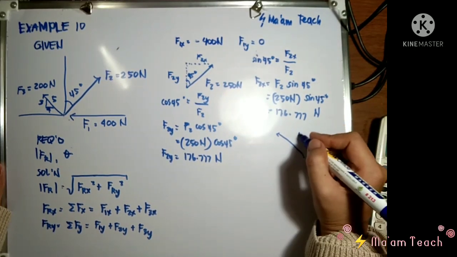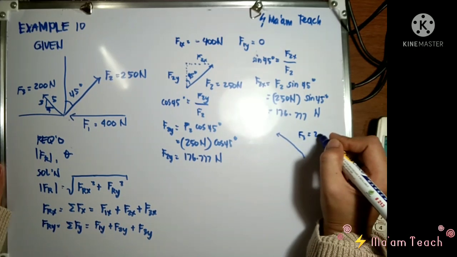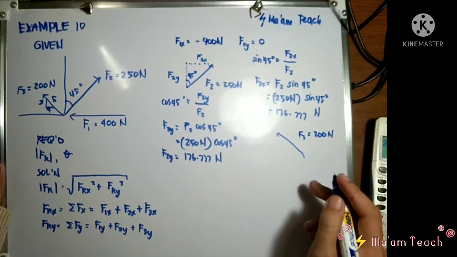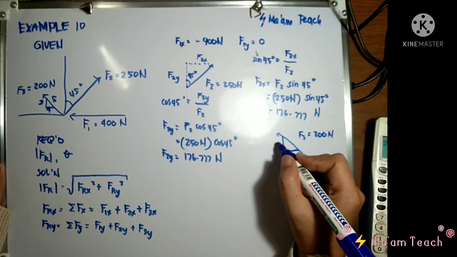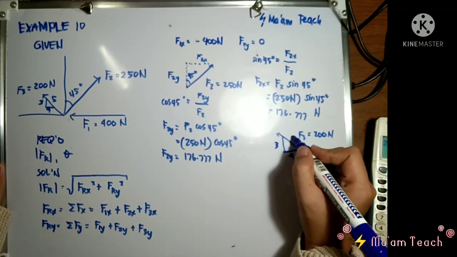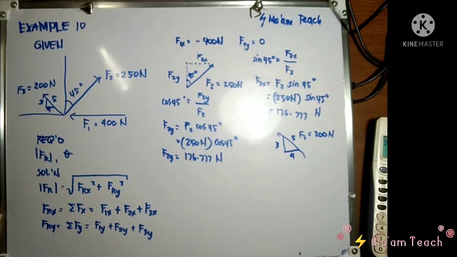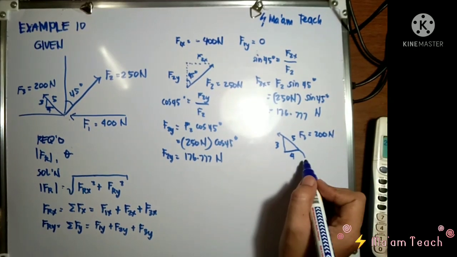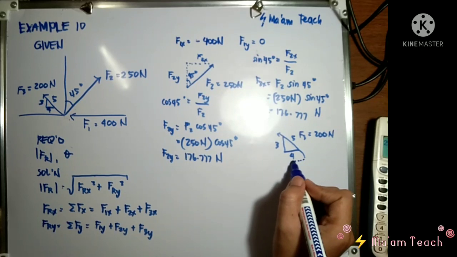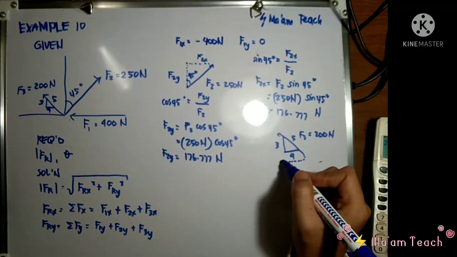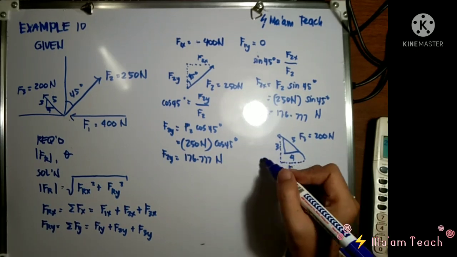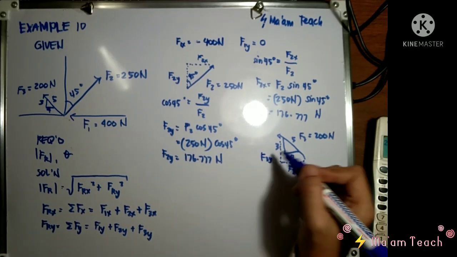F sub 3 is equal to 200 Newton, and we are given here the slope, which is 3, 4, and the hypotenuse is 5. So obviously, class, in this case, your F sub x is this one, or your x component, and your y component is this one.